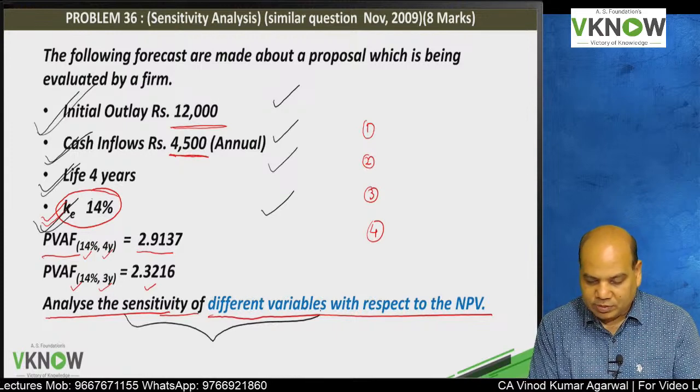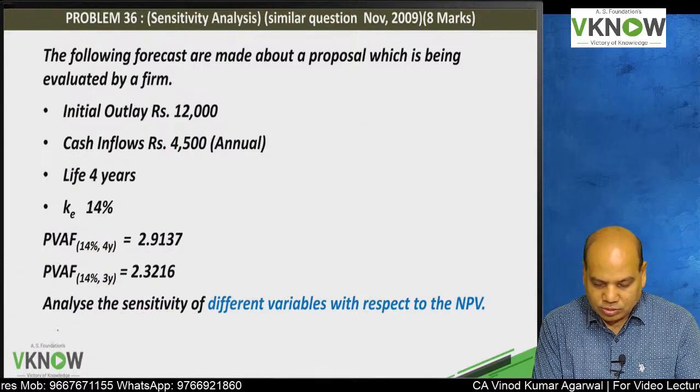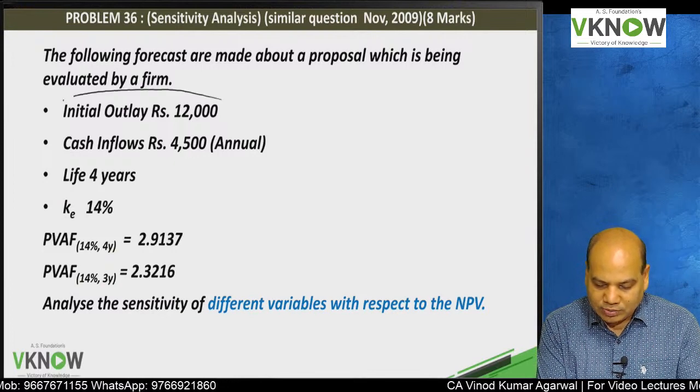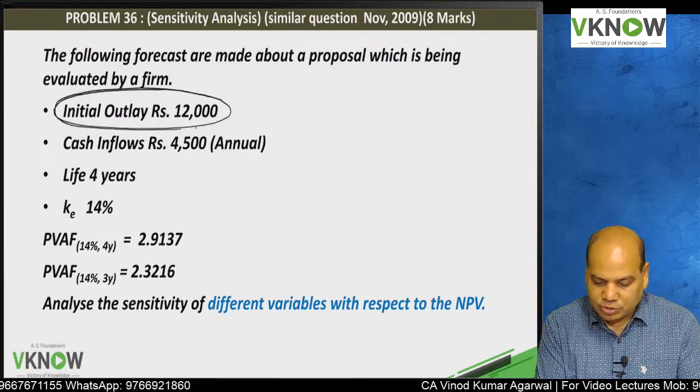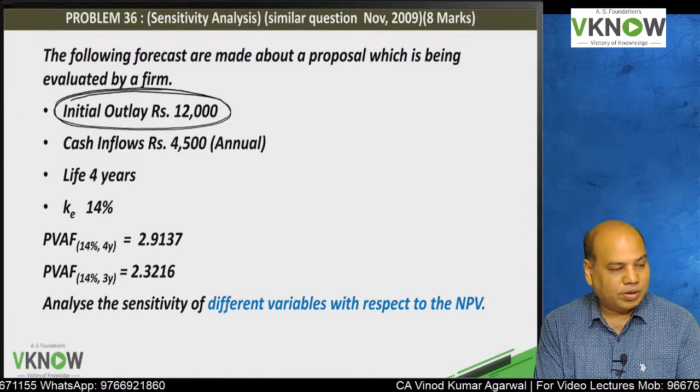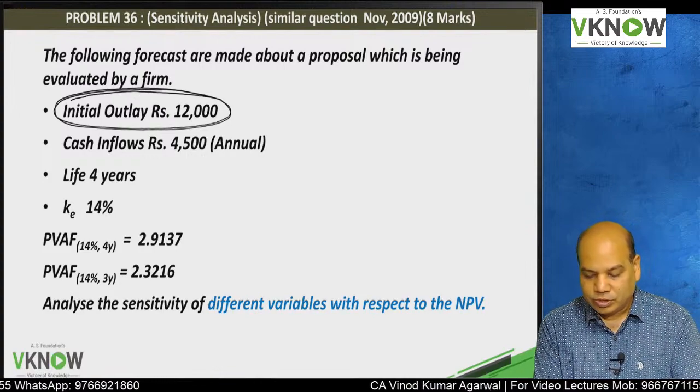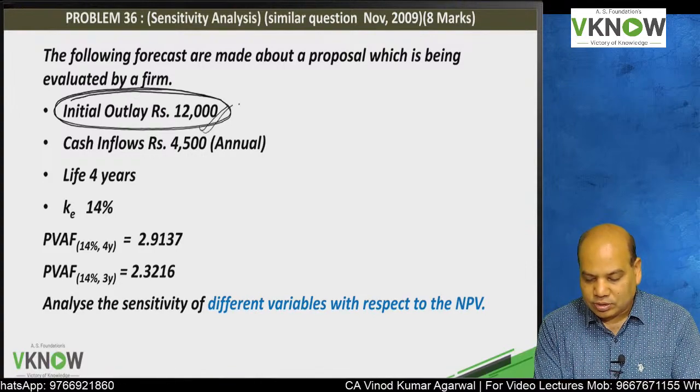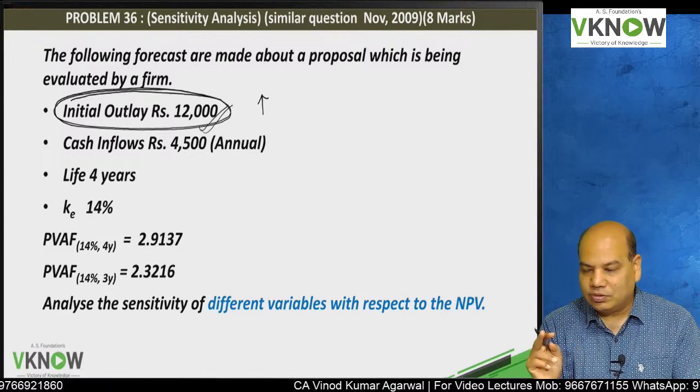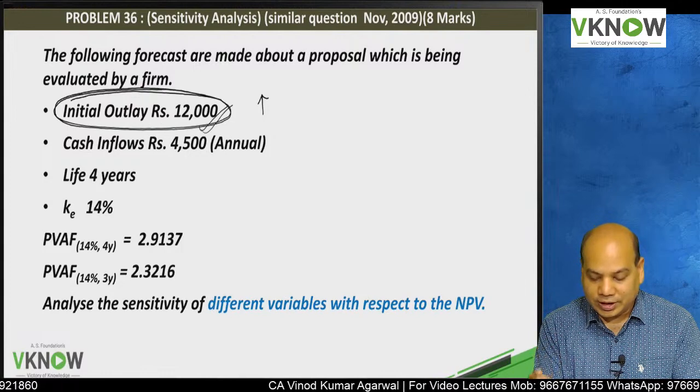Sensitivity of different variable means what can be the cost of the project at which NPV will be equal to 0. That means we need to find out to what extent the cost can rise and NPV will be 0, not negative.